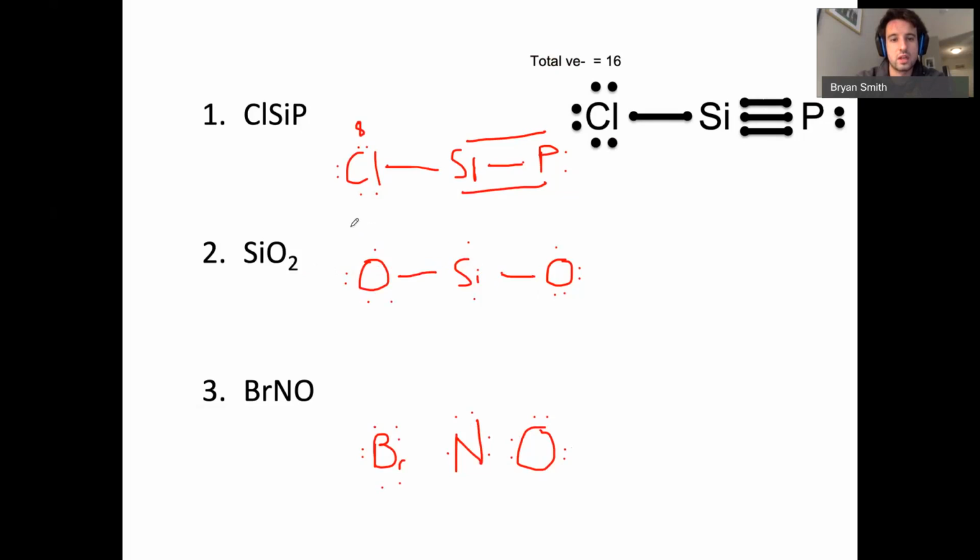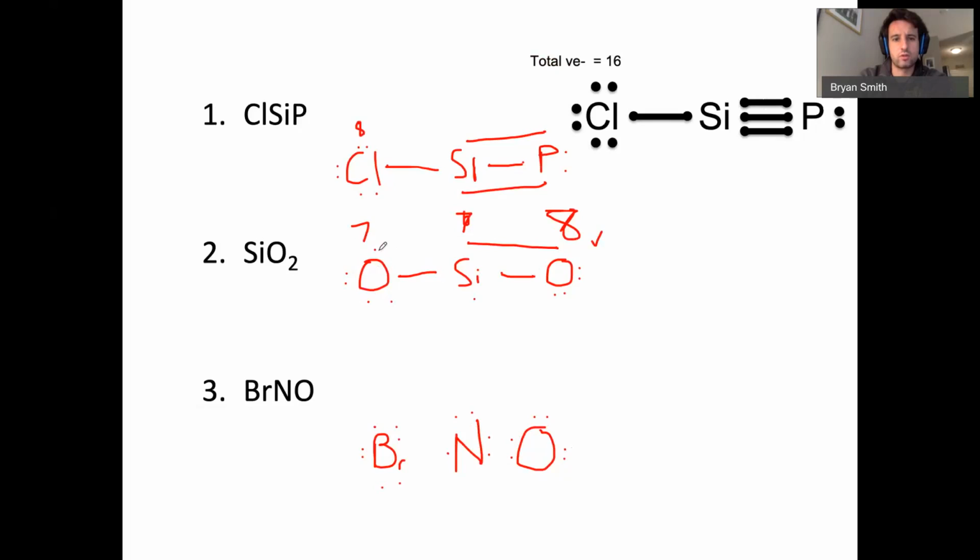And now we'll notice that it is 7, 6, and 7. So if I form a double bond over here, now it goes from 6 to 7 and 7 to 8, which is perfect for this oxygen over here. So that worked really well.